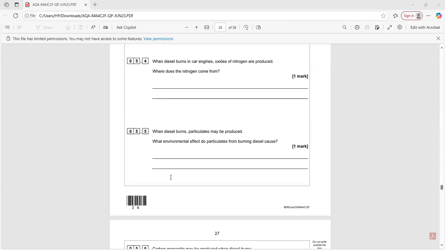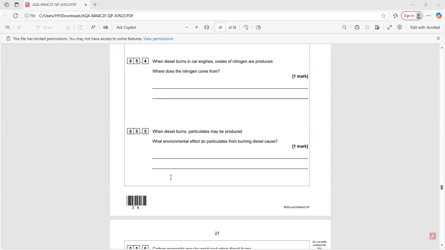Where does the nitrogen come from? The air, thank you. It's in the air. So it just naturally, in the heat of the engine, would combine with oxygen and burn to form nitrogen oxide, okay, oxides of nitrogen.